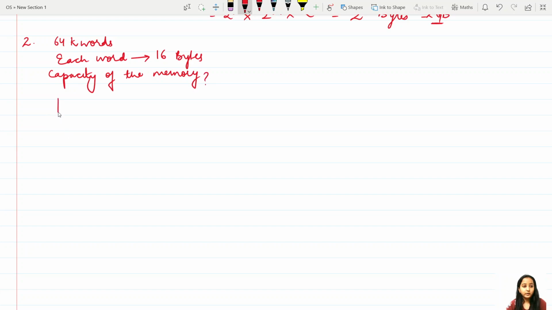So one word equals 16 bytes, and 64K words, how much is it? 64K into 16 bytes.